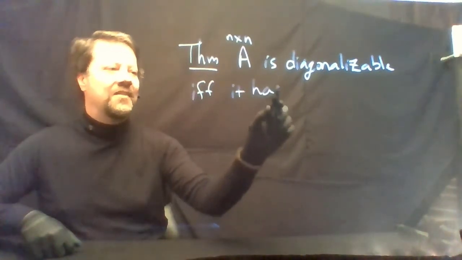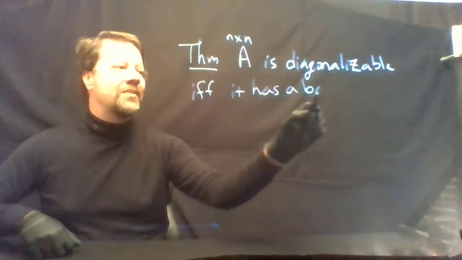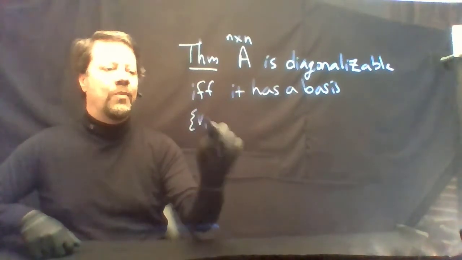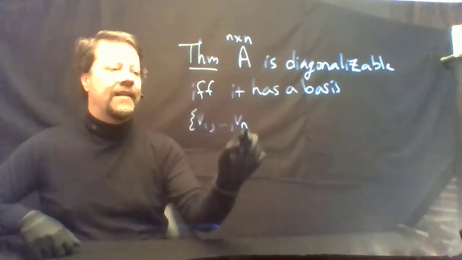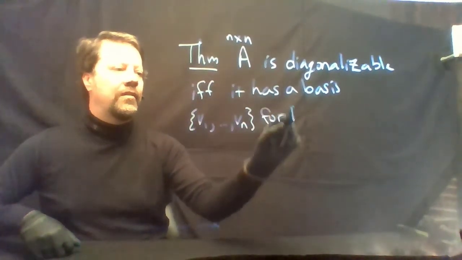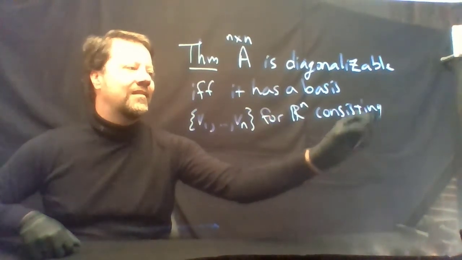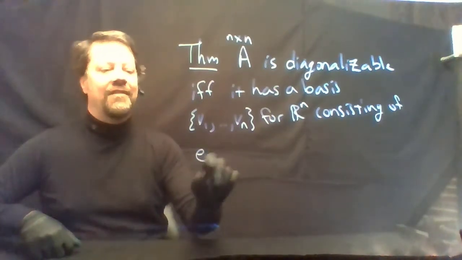It has a basis v1 through vn for Rn consisting of eigenvectors.